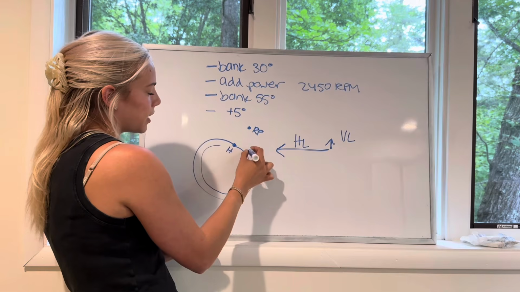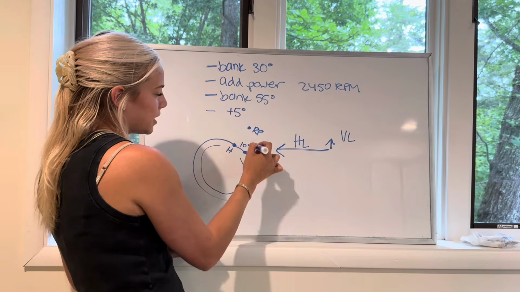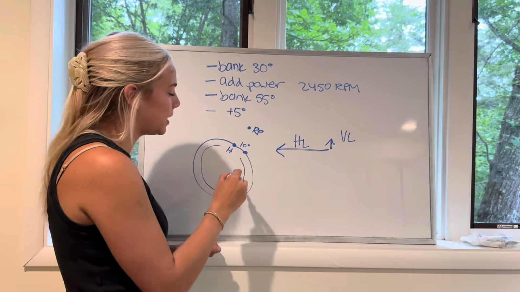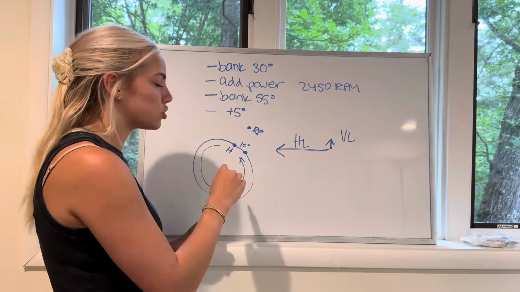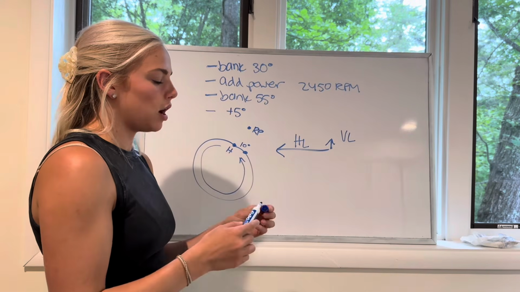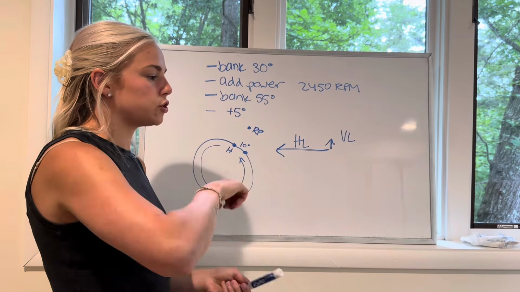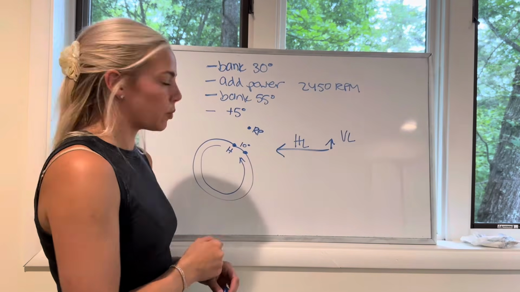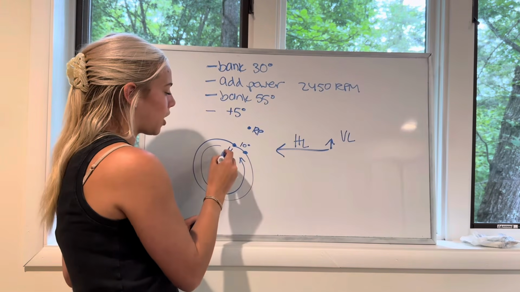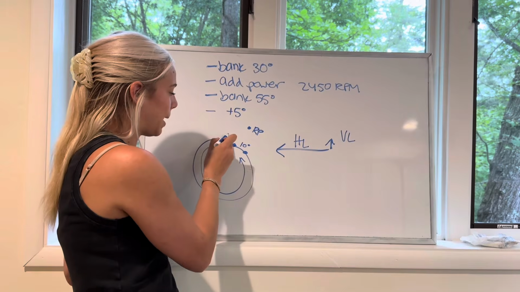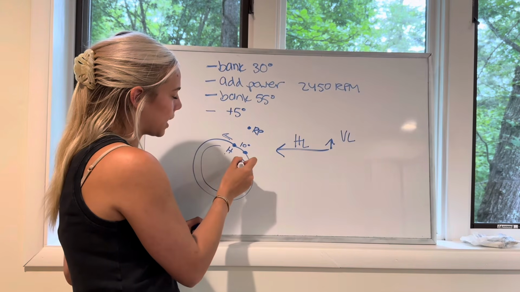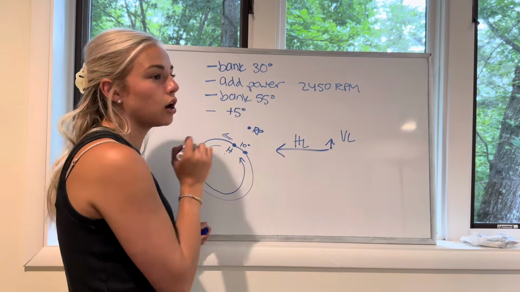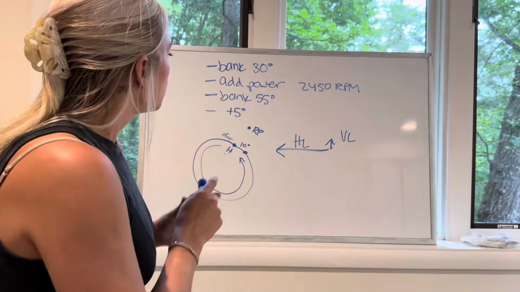Once we get to about here, let's say 10 degrees off of our starting heading, that's when we're going to start rolling our wings level, because as soon as you start rolling your wings level, you're not immediately going to stop on the heading that you're at. So we don't want to start rolling wings level at our heading because we're going to end up going past it. We want to start back here so that we end up landing on our heading.